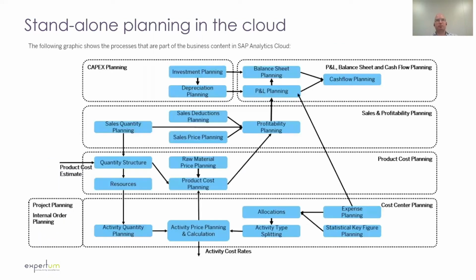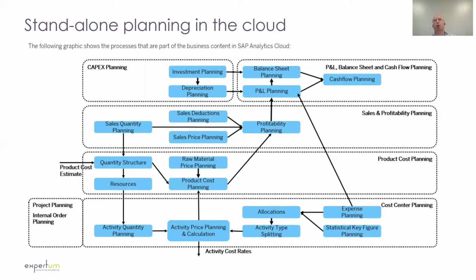SAP has a large set of pre-delivered standalone planning parts that are available if you go to the rapid.sap.com website, where you can download it all and then load it into your SAC environment.